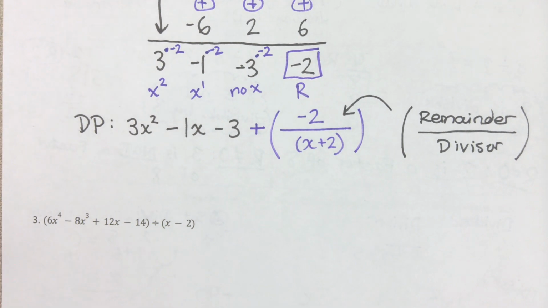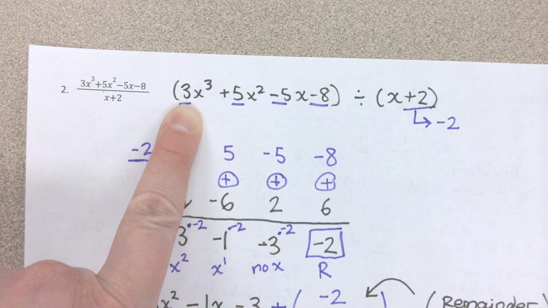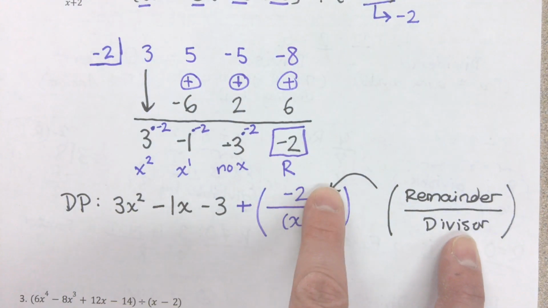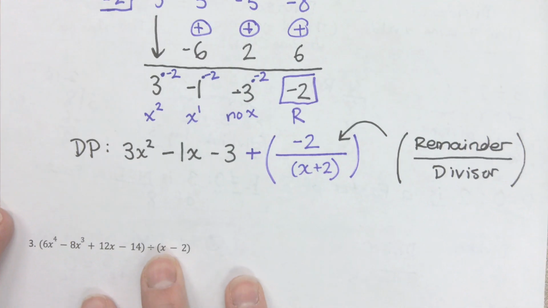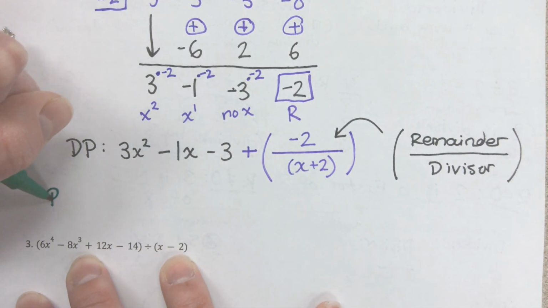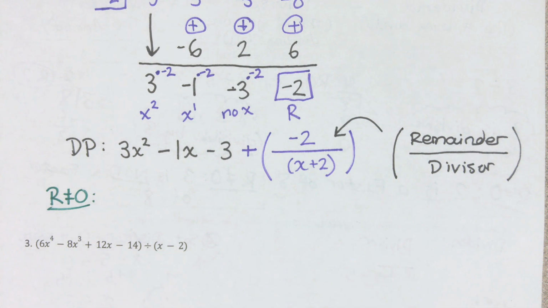Since we got a remainder, that means this divisor is not a factor of the original polynomial. When we divided, it did not divide nicely. So we'll make that statement. R was not 0. We got a remainder that was not 0, which is not what we want.